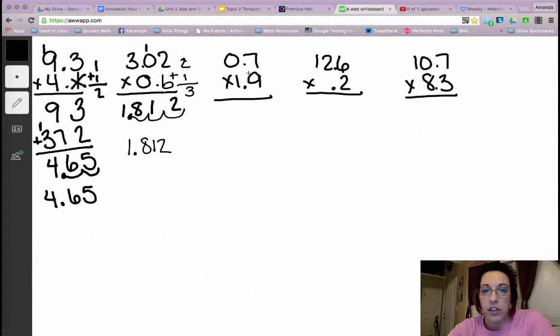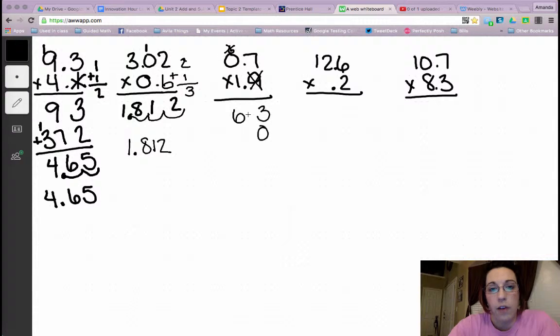So let's look at this next problem. We have 7/10 multiplied by 1 and 9/10. 9 times 7 is 63. 9 times 0 is 0 plus 6 is 6. Second row starts with a 0. Cross out, cross out. 1 times 7 is 7. 1 times 0 we don't need to do.